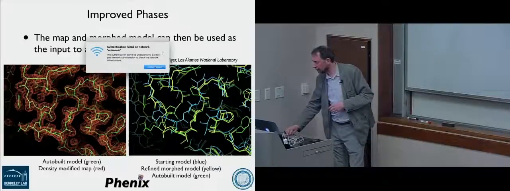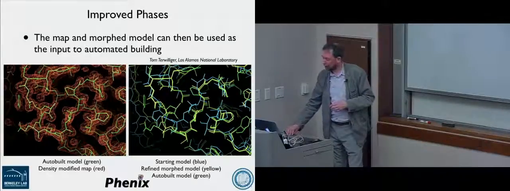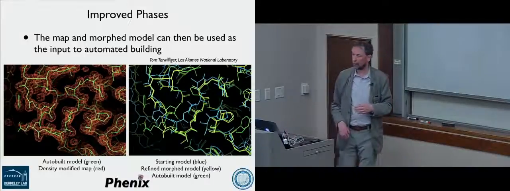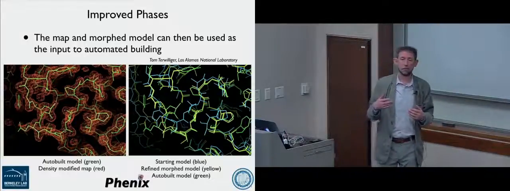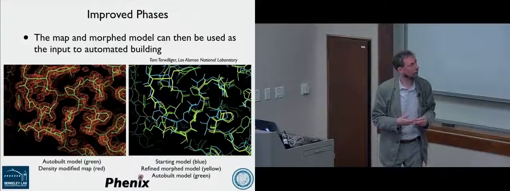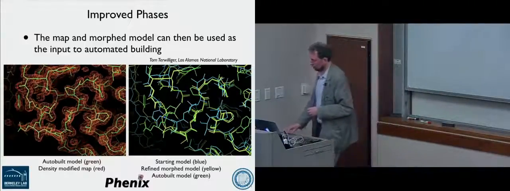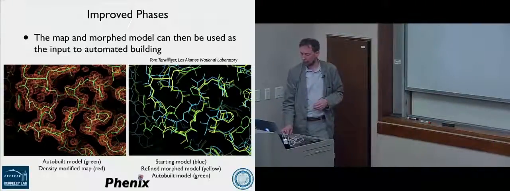At the end of the day, you get a map, this red map, that is good enough to be automatically built using the automatic building methods in AutoBuild. The change from the blue model is that we ended up with the yellow model, a refined model after the morphing, and in green is what was rebuilt into that map by AutoBuild.